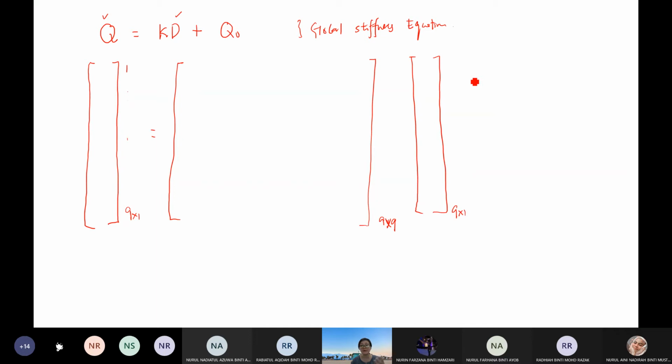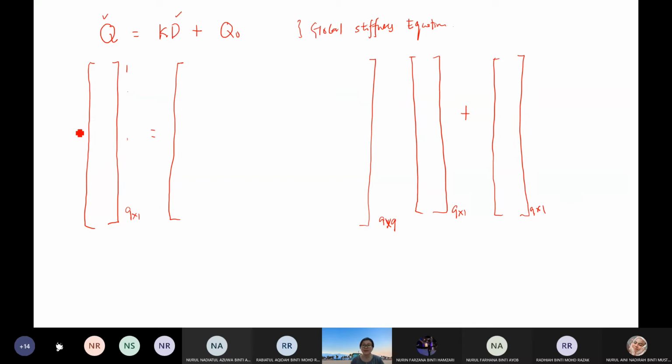Of course, in your real solution, you do not need to provide this. And you have Q naught, whose size is also 9 times 1. If you want to prepare this complete set, it might take you a very long time in manual calculation. So what you can do here is just find the elements of K that will support us.